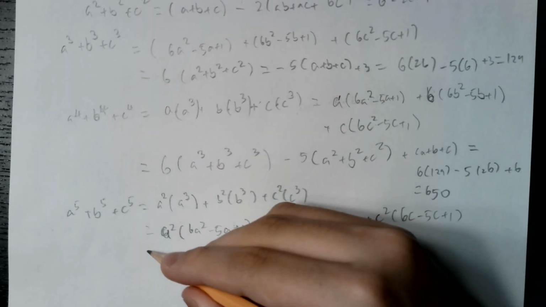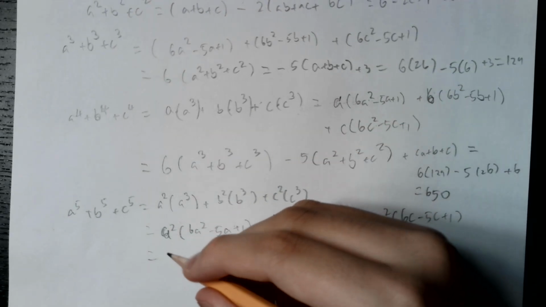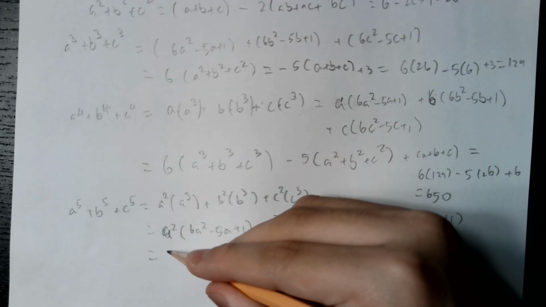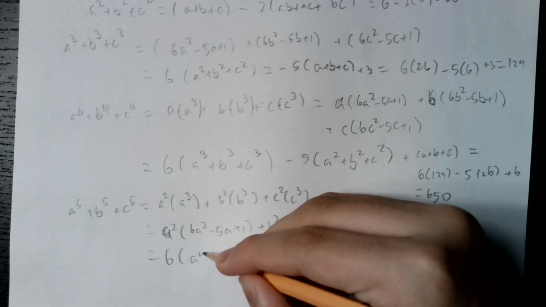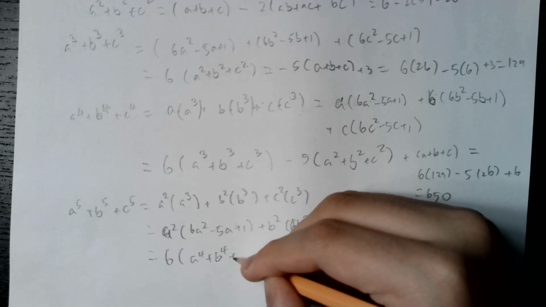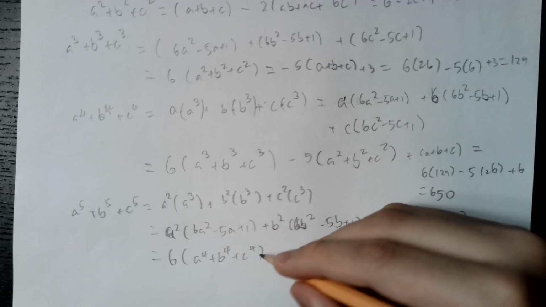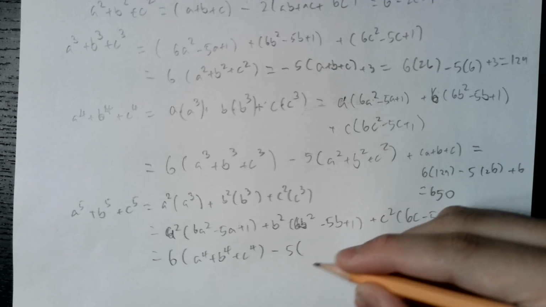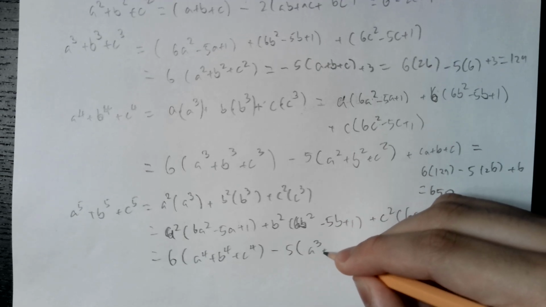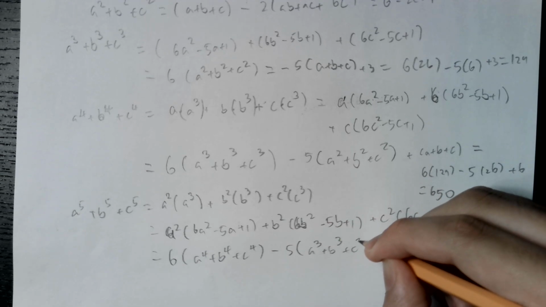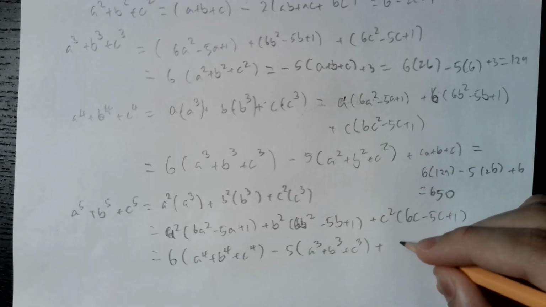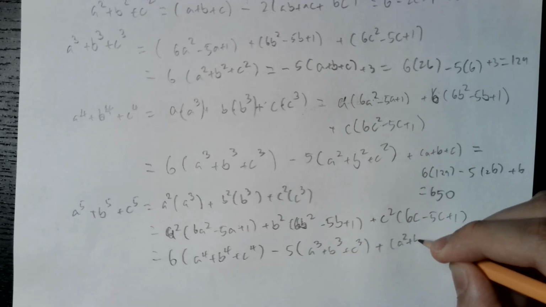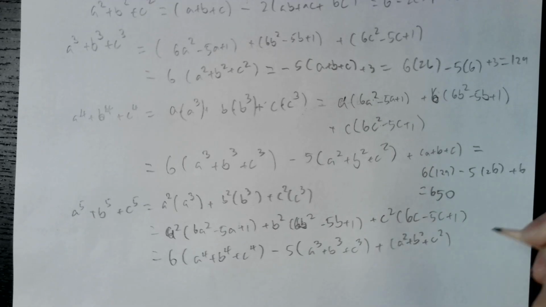Then we're going to expand this and group them all back together while multiplying the a squared in. So 6 times a to the power 4 plus b to the power 4 plus c to the power 4, minus 5 times a to the power 3 plus b to the power 3 plus c to the power 3, plus a squared plus b squared plus c squared.